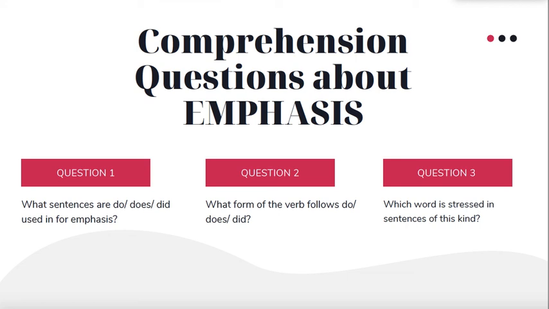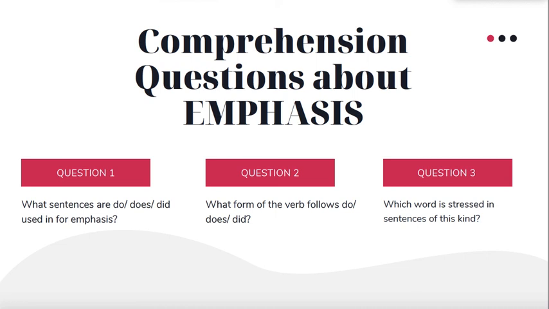What kind of sentences? Okay, question 2. What form of the verb follows do, does, and did in a sentence? Excellent. And question 3. Which word is stressed in sentences of this kind?